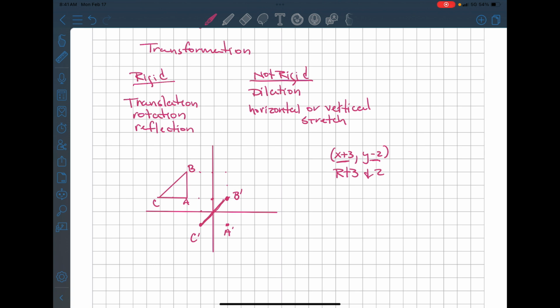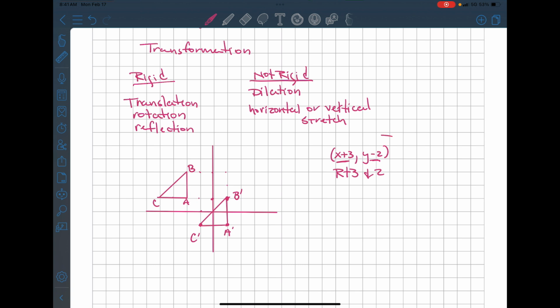And that is a translation. Anytime we move it left or right or up or down, and we don't change its shape, it's simply just a translation. We're not rotating it, we're not reflecting it. It's still facing the same way, in the same position, just in a different spot on the graph.